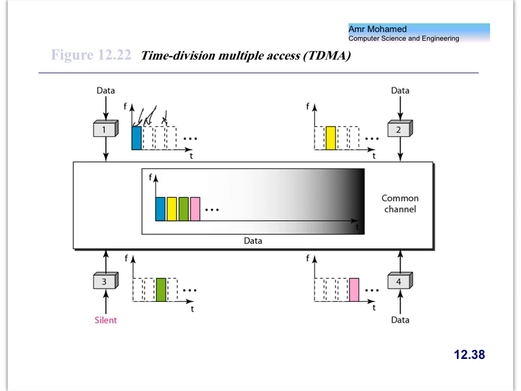We need some techniques to synchronize the clocks of all these nodes so that the time that each node calculates will be globally correct. Otherwise, if some of the clocks is drifted a little bit, a node will start a little bit early of its time or a little bit later, in which case it will collide either with the one before it or the one after it. Of course, that's another reason why we need to have guard bands.